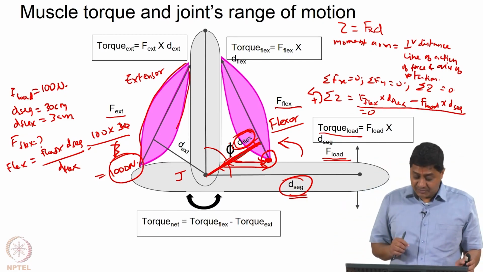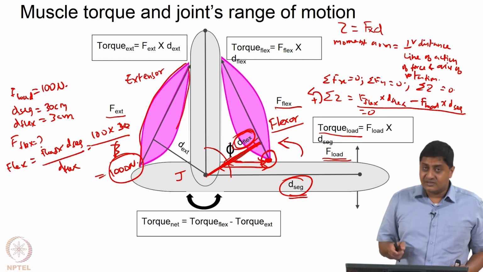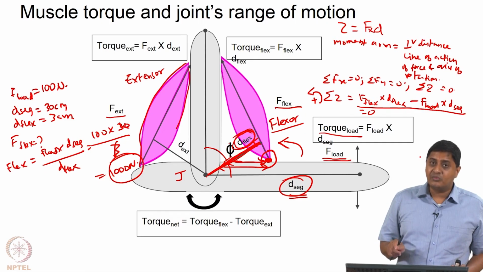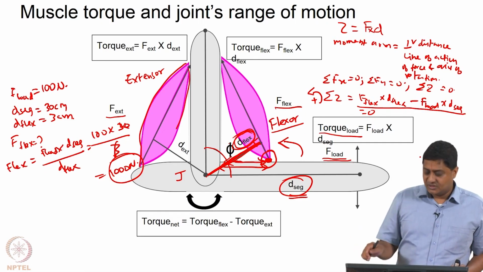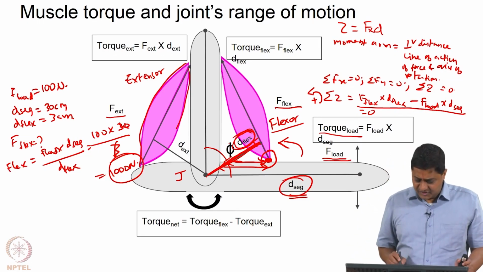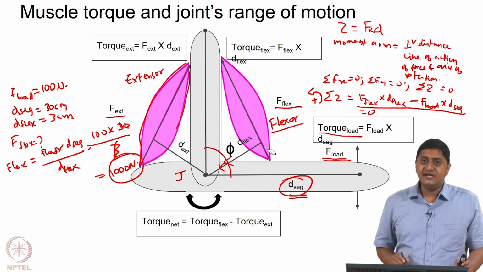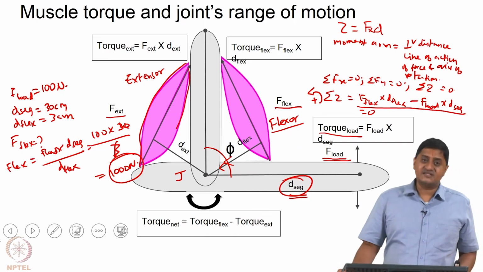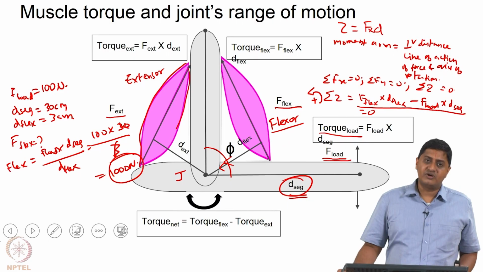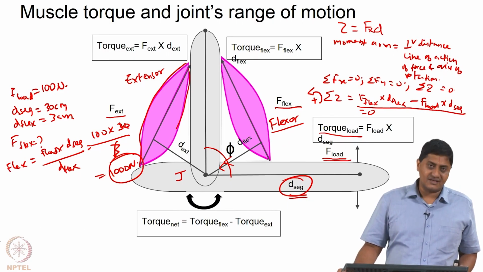In that case, what happens is you have to make the movement about this joint and prevent movements about other joints. Those are other problems that come with the situation, but for now it is enough for us to realize that the muscle force can be many times the load. In this case, that is because of small momentum. In other cases, it may be due to inconvenient angles of attachment.